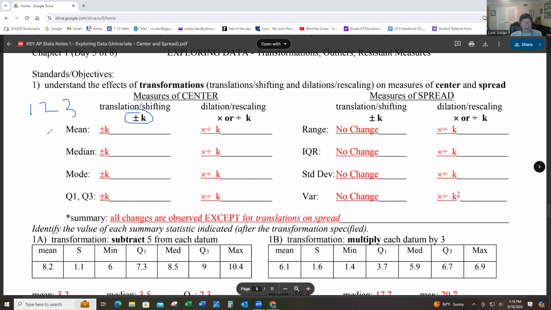If you added 5 to each number, then the mean would be 7. Okay, that's pretty simple. The median's the same way. In this case, the median is also 2. And if you add 5 to each number, then the median would be 7, just plus or minus whatever that number is. The same with mode and the same with Q1, Q3.